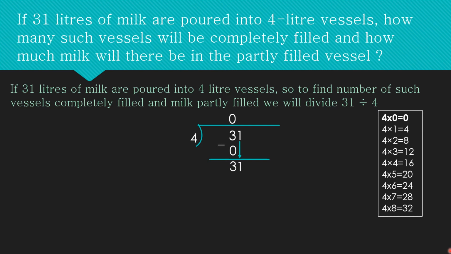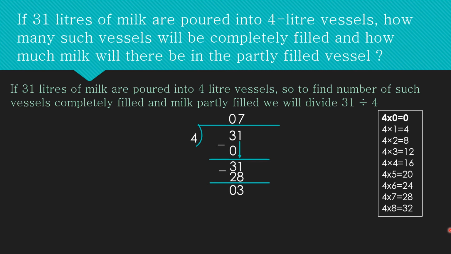Here we have 31 and 32 is bigger than 31. So we cannot minus it. So we will take smaller than this, that is 28. So we will take 4 7s are 28. So we will write 7 on the top and 28 below 31. Now 31 minus 28, we will get answer 3.